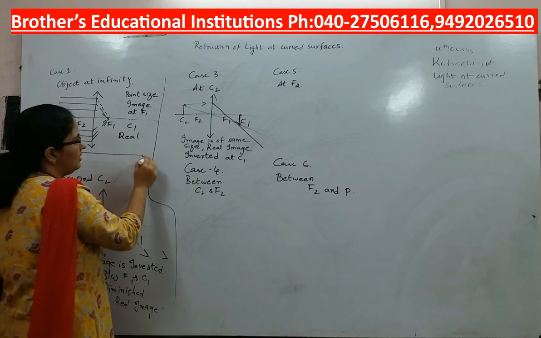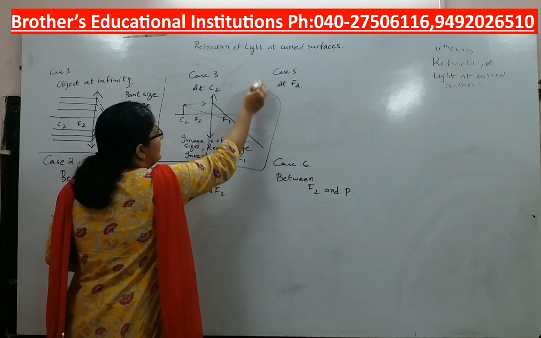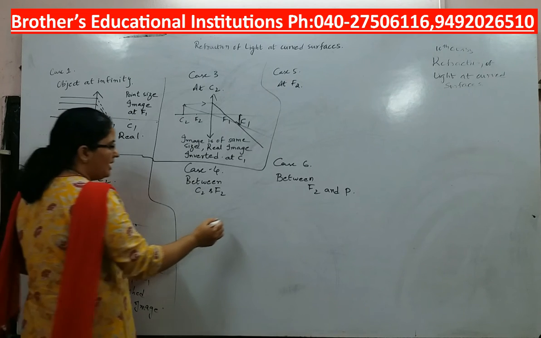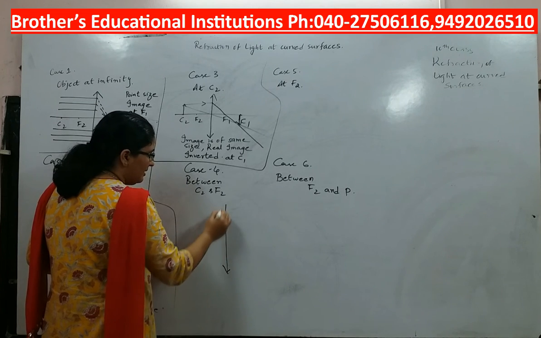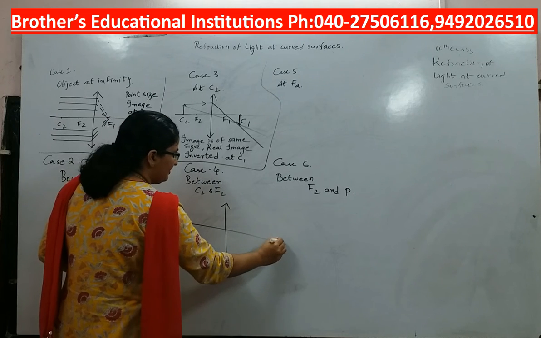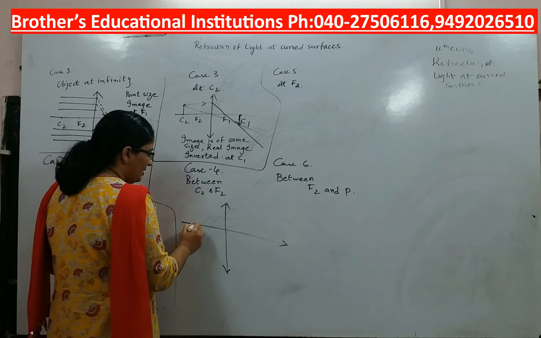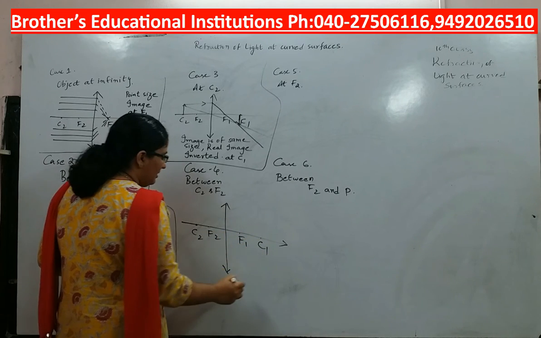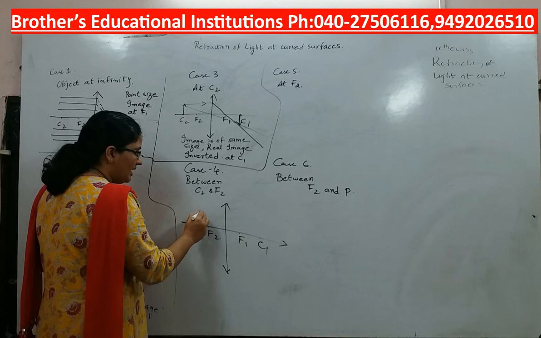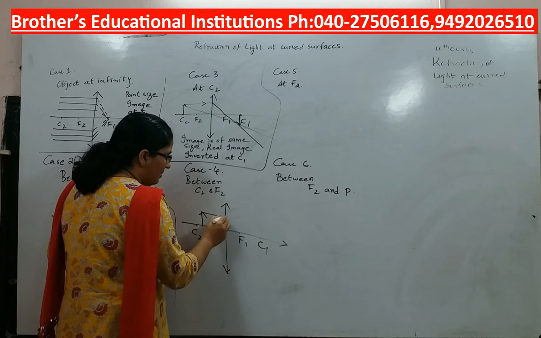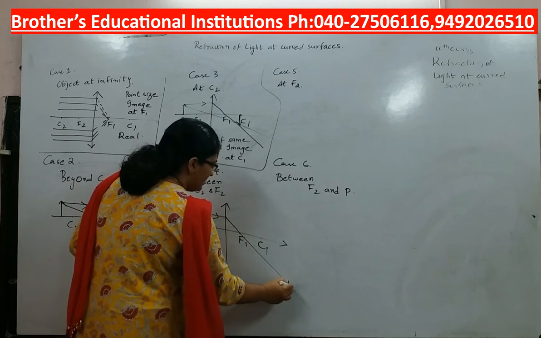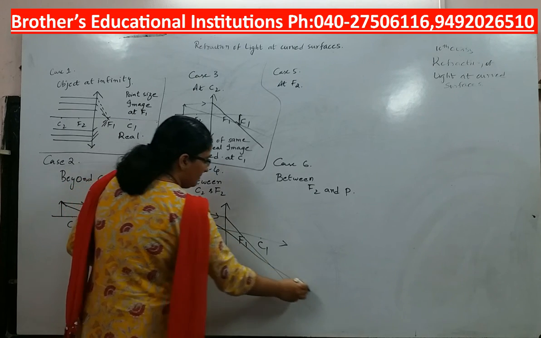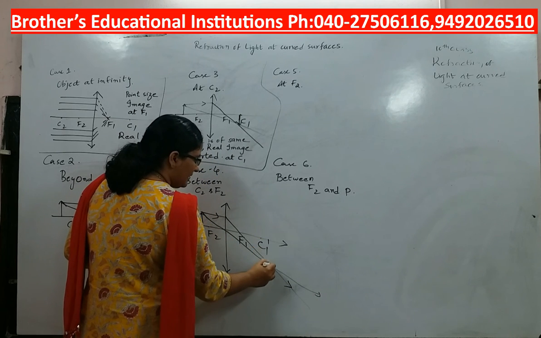This is about case 3. Let us discuss case 4. It is between C2 and F2. C2, F2, F1, C1. Now I am keeping the object between C2 and F2. One ray I am taking parallel to the principal axis, it will pass through focus. Another ray I am taking passing through the optic center. Both rays are intersecting at this point.